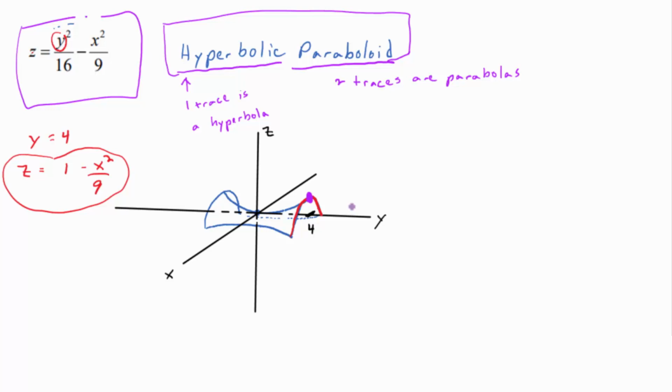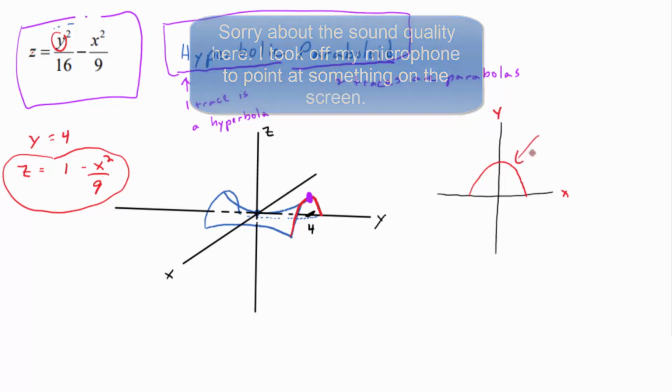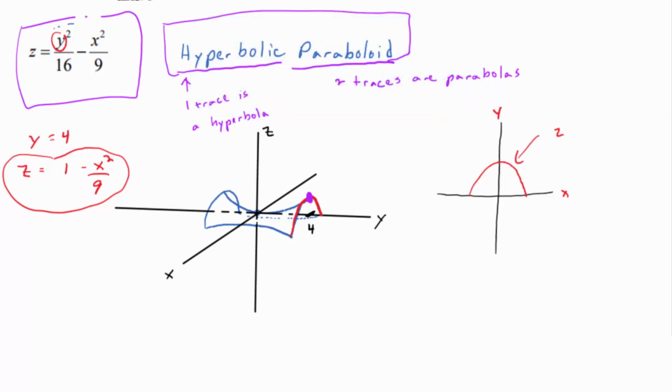Okay, if it were in the XZ plane, then you're kind of looking at this as the trace, and you're thinking of this equation as, oh, sorry, that should be Z. Z-axis versus x-axis, and then the equation is z equals 1 minus x squared.